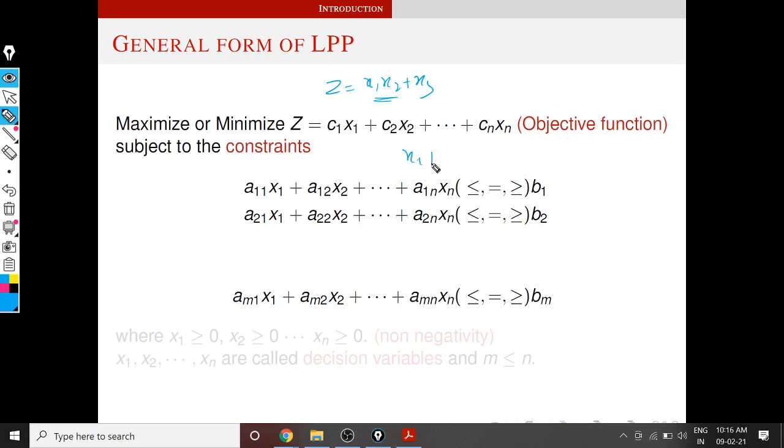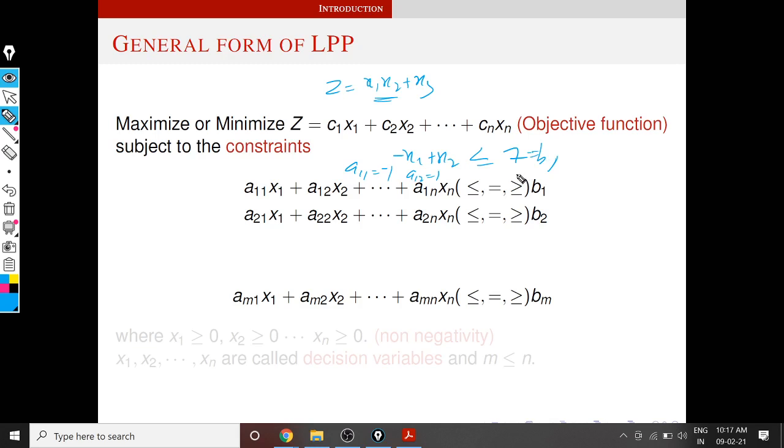For example, minus x1 plus x2 is less than or equal to 7. In this case, this is our b1. Then what is a11? Here a11 is minus 1 and a12 is 1. So the coefficients are minus 1 and plus 1, and b1 is 7.